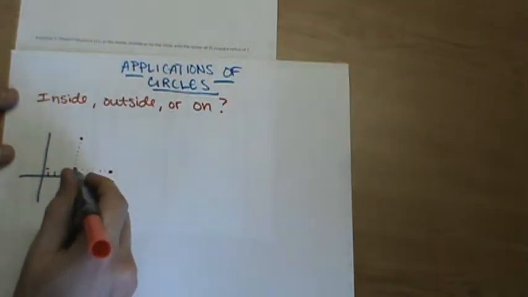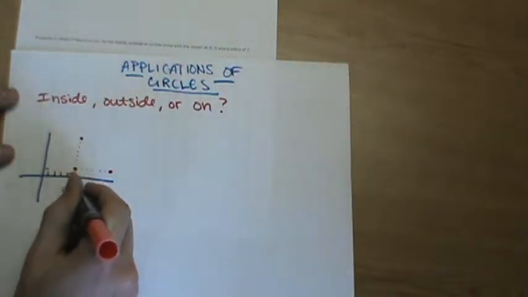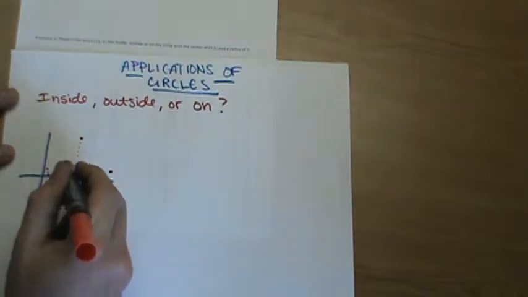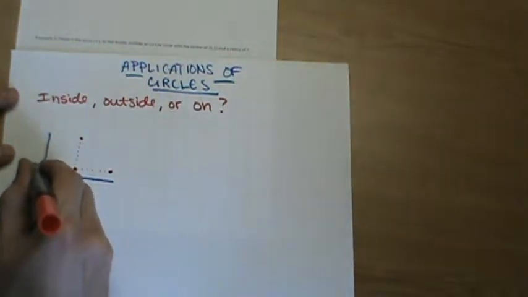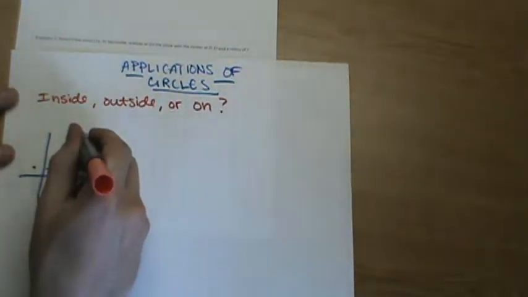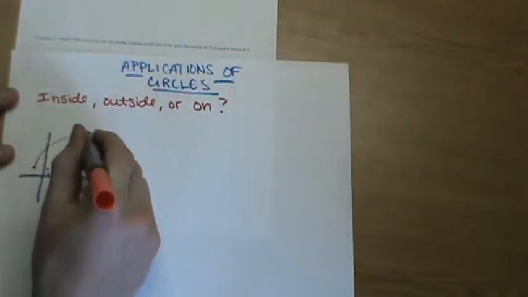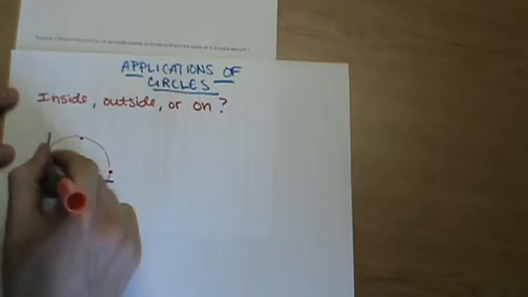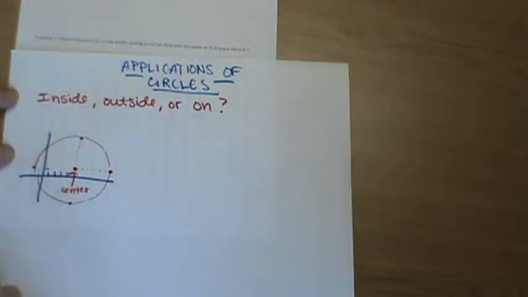Down 7. 1, 2, 3, 4, 5, 6, 7. And to the left 7. I can connect them to form my circle. And again, not the best circle because I don't have graph paper. If you have graph paper, use that.